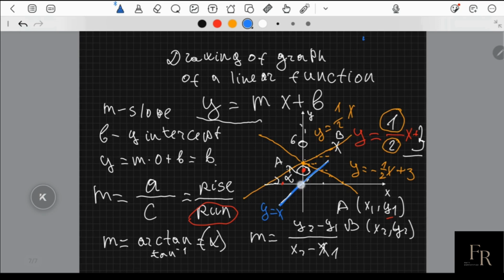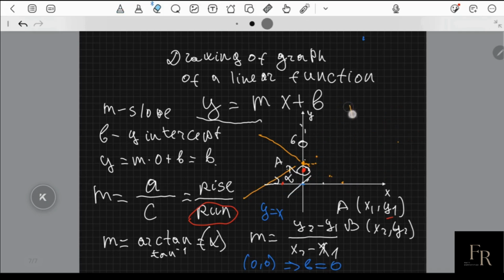If the linear function goes from the point 0,0, b is 0, doesn't matter whatever the slope. And let me clean a little bit here. I wanted to show you something else as well.